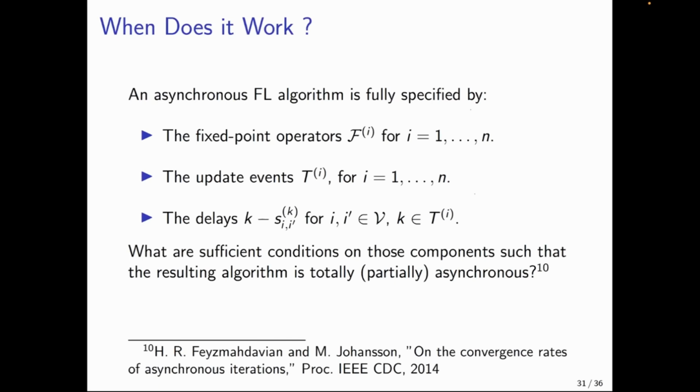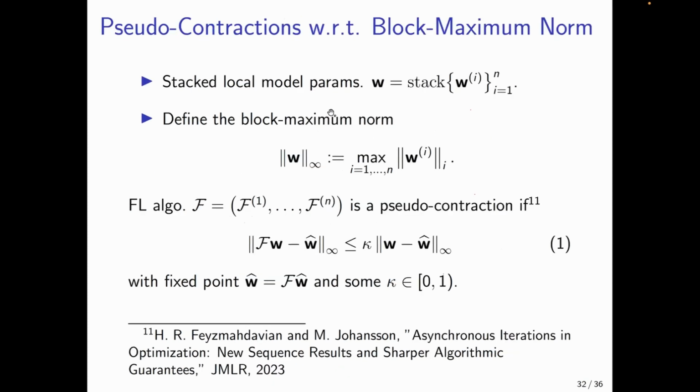All these properties or design choices influence whether the resulting fixed point operator is a pseudo contraction, and what the contraction parameter kappa is, which should be very small. The smaller this kappa, the better.